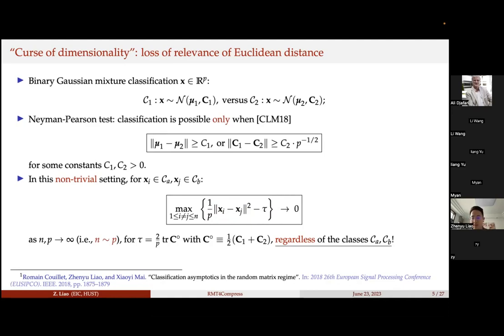So in this sense, the idea of Euclidean distance no longer makes sense and cannot tell you, at least in the setting where n and p are both large, whether the data points belong to the same or different classes, whether they are close to each other or far away from each other.